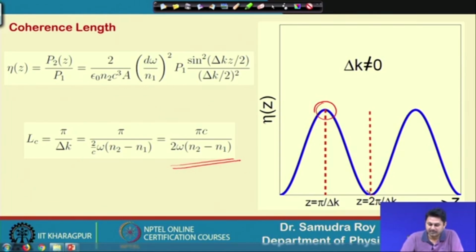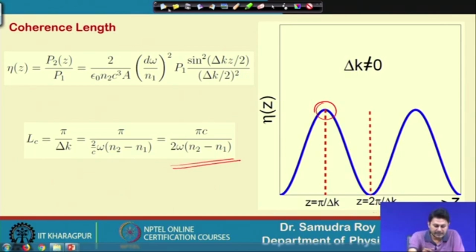Here the efficiency goes down to 0. So, you should be very careful about the delta k condition. Delta k is a condition for which we have some efficiency, and we will not have anything when we reach the distance 2 pi by delta k.